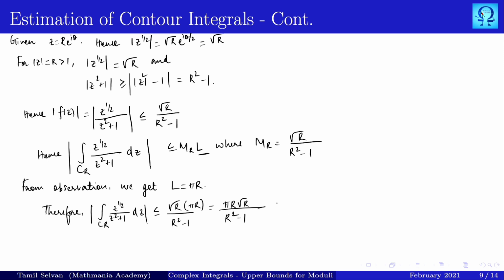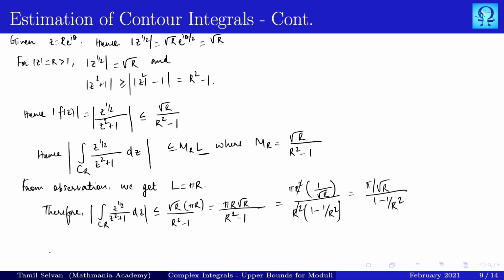If you have to do further simplification, from the denominator I take r squared outside, so it becomes 1 minus 1 upon r squared, and in the numerator also let me take r squared outside, so it becomes simply 1 upon under root r. Okay, so r squared and r squared get cancelled, so we have pi upon under root r upon 1 minus 1 upon r squared.